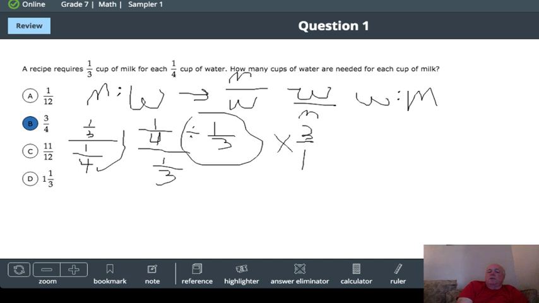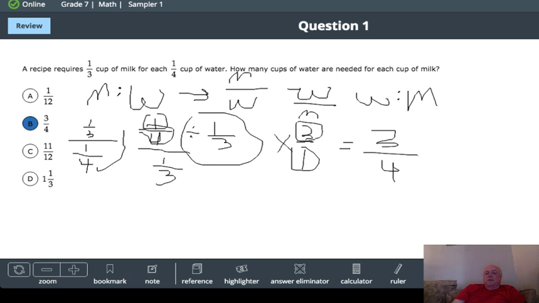So we end up as the 1 here times the 3 here, and we get 3. And then we had the 4 here times the 1 here. So that gives us 4. So we get 3/4. Okay.